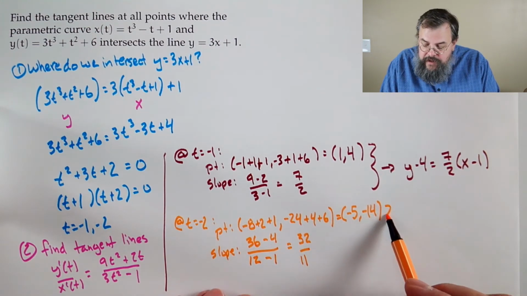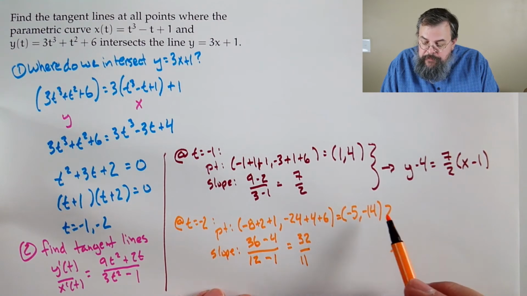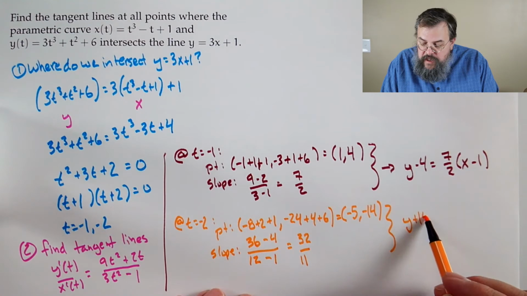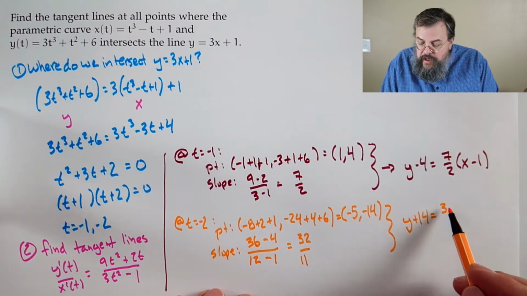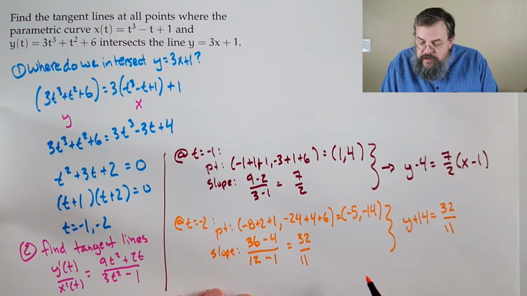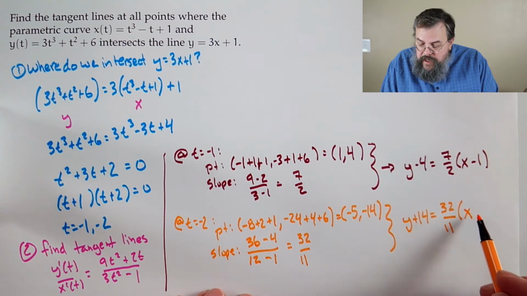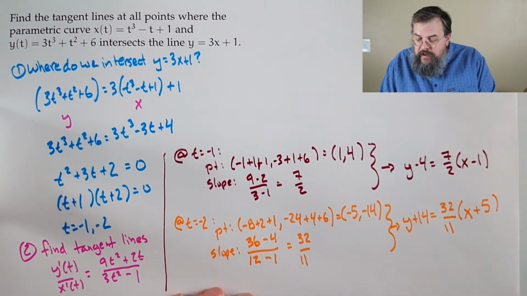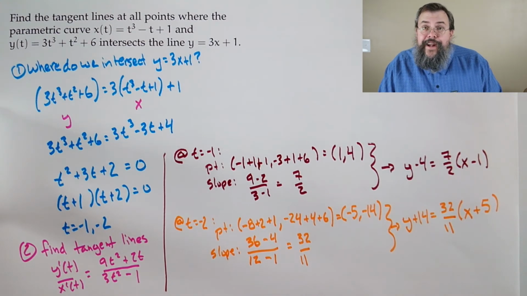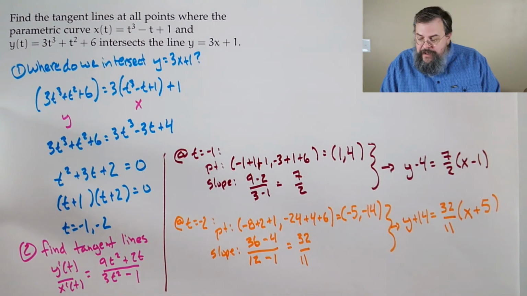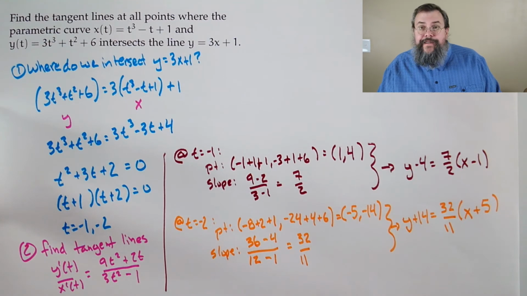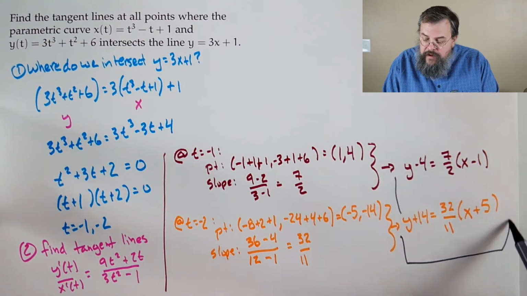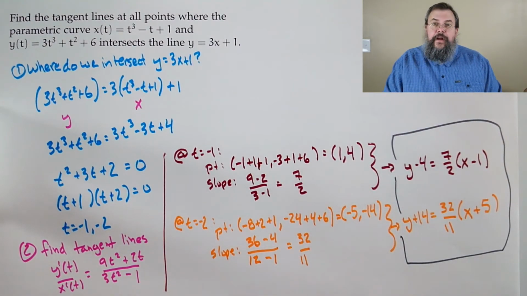Well, that's going to be an interesting line. So y subtract -14 makes y plus 14 equals 32 elevenths, which is our slope, times x subtract -5, which is x plus 5. And there we go. That's our other line. Now we found both lines, and so we're done. Those are our 2 lines.